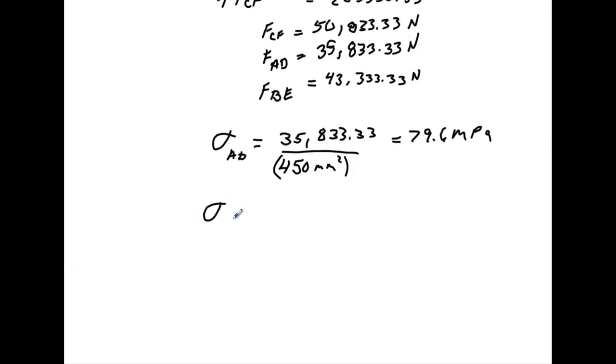You'll do the same thing for the other ones. The stress at CF: 50,833.33 divided by 450 millimeters squared. And again, you're responsible for doing the conversions. When you do that, I believe that gives you around 113 megapascals.